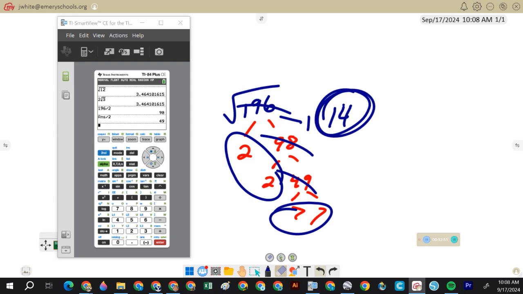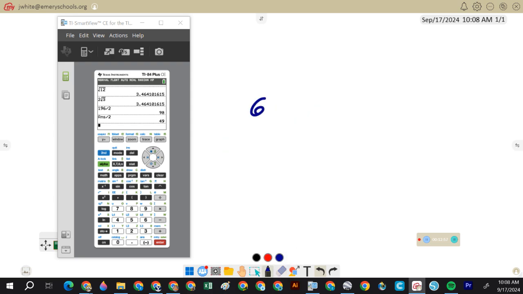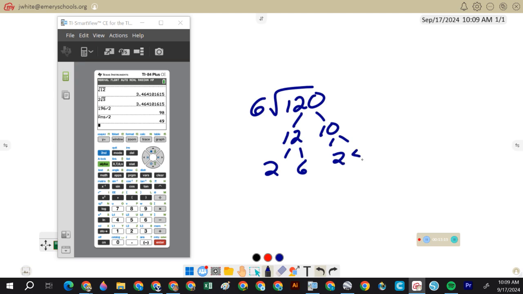What if there's already a number on the outside? What if we have 6 root 120? Well, we factor the 120 just like we did before. What goes into 120? 12 and 10, 2 and 6, 2 and 5, 3 and 2. And I cross off everything that factored.